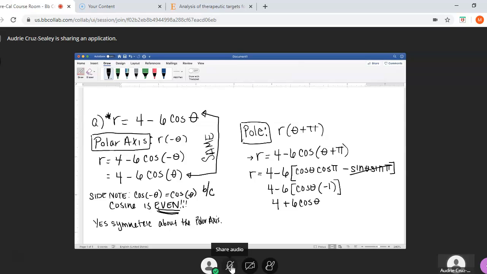I'm stopping. Yeah, 0 times anything is 0. So it's gone. We okay? Now that I simplified this, is this the same thing as the original problem?